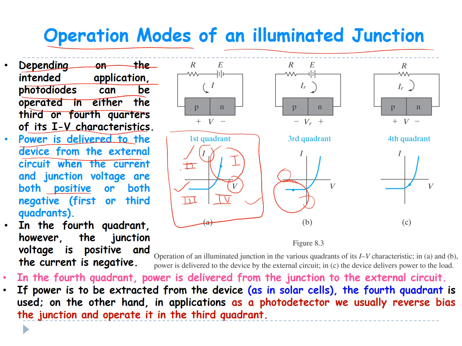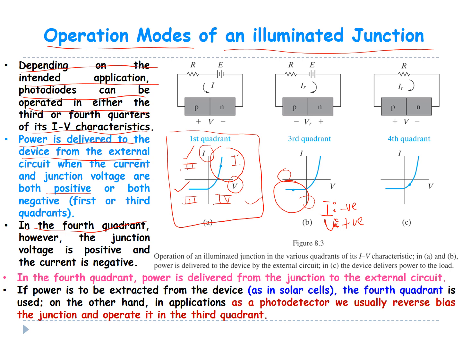But now if you look at the fourth quadrant, you find here that the current is negative. So I is negative, but your V is positive, right?